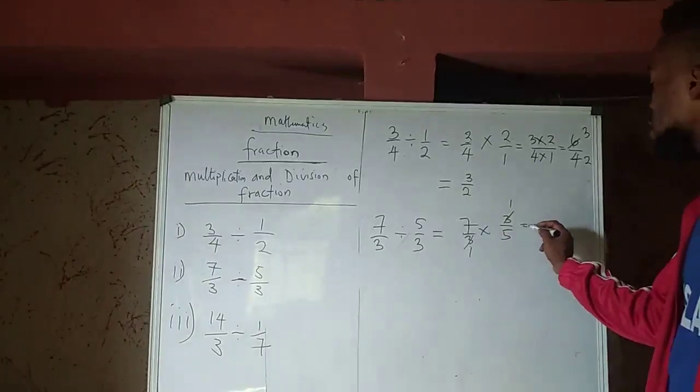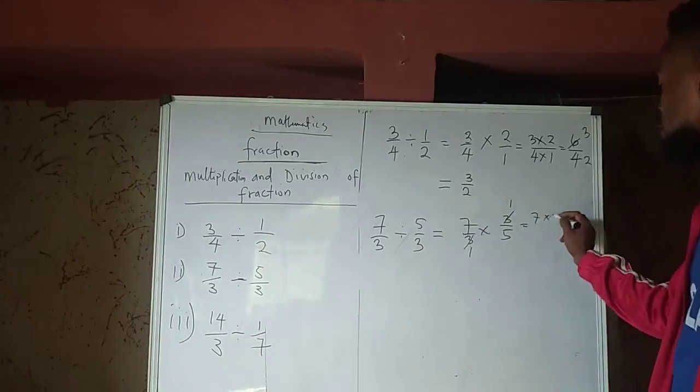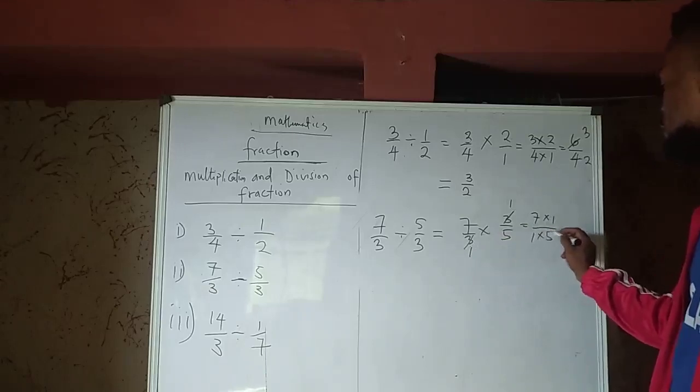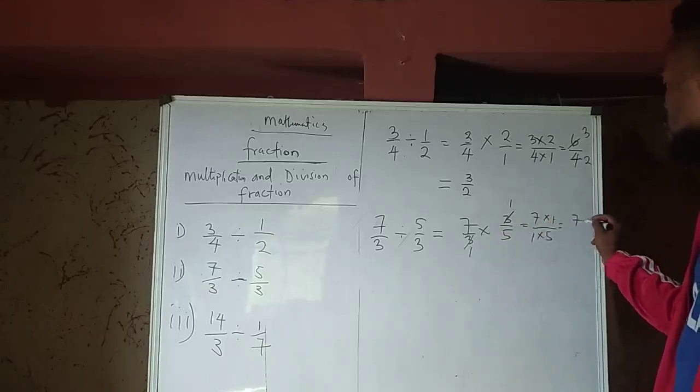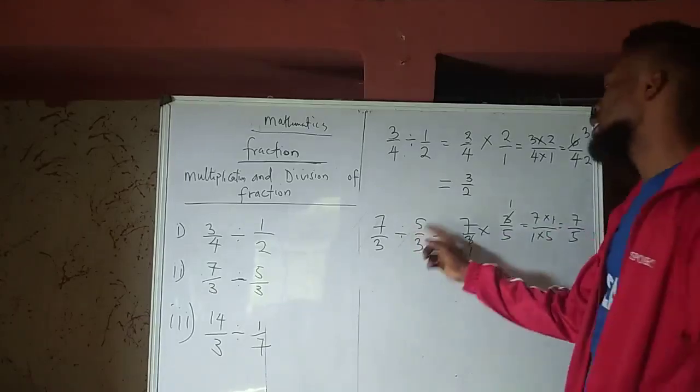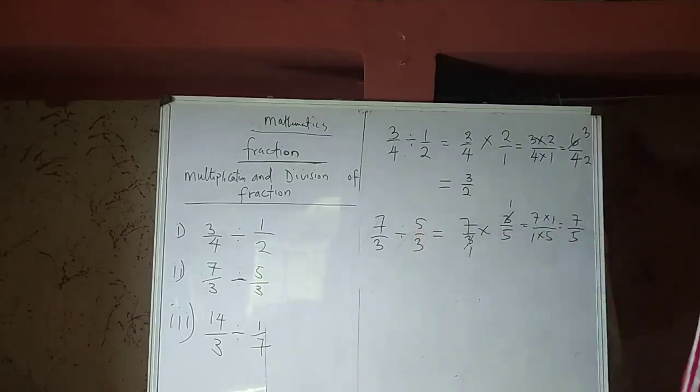So we are left with 7 times 1 all over 1 times 5. 7 times 1 is 7. 1 times 5 is 5. So you see, 7 over 3 divided by 5 over 3 gives us 7 over 5.